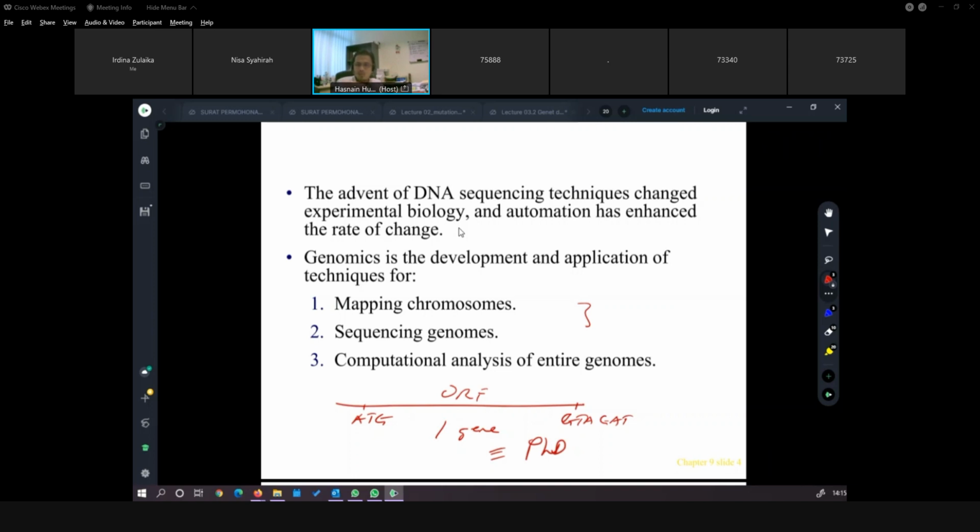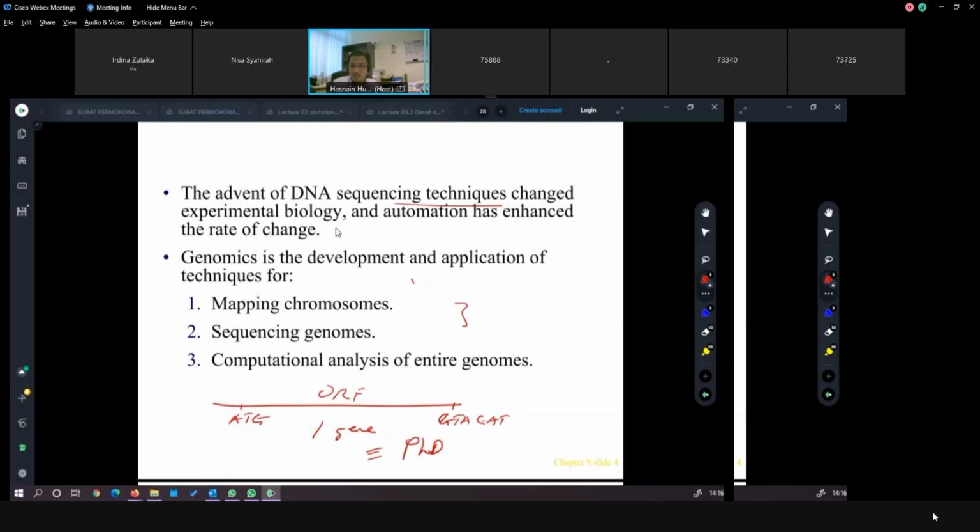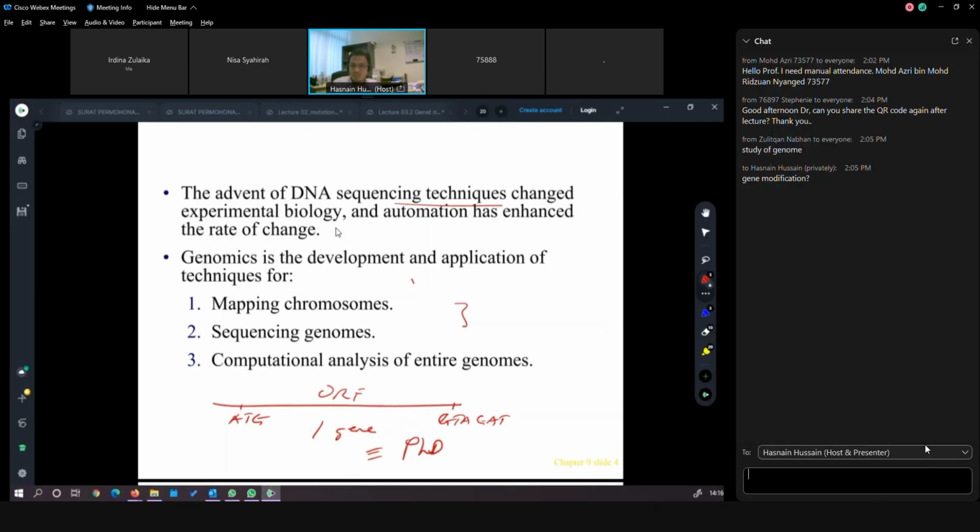But nowadays, with the advancement of DNA sequencing techniques, you study the entire genome of the organism, for example, and then you get a PhD. You can see the advancement, because in the 80s and 70s it was very difficult to sequence a gene, the process was difficult, and the knowledge was quite limited.